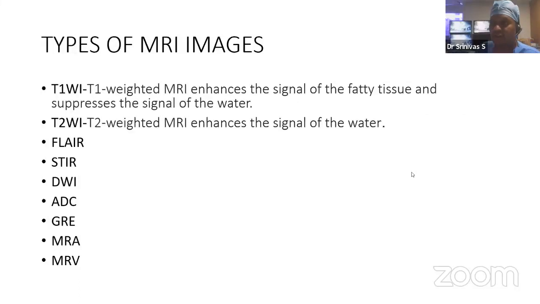Now we will move to the MRIs of the brain. When we order an MRI of the brain, you usually get a T1 weighted sequence, T2 weighted sequence, FLAIR, DWI, ADC, GRE, MRA, and MRV. The T1 weighted image enhances the signal of fatty tissue and suppresses the signal of water.